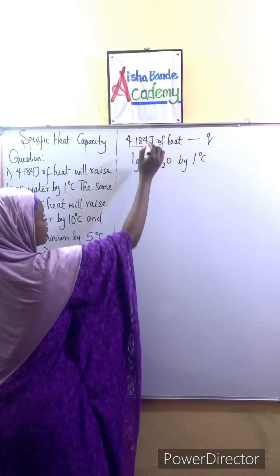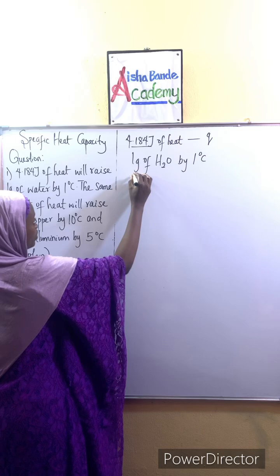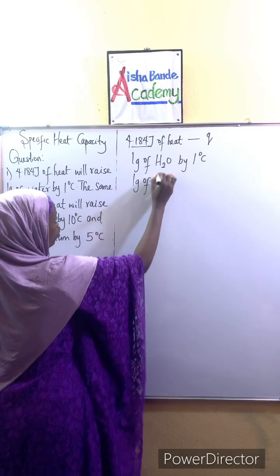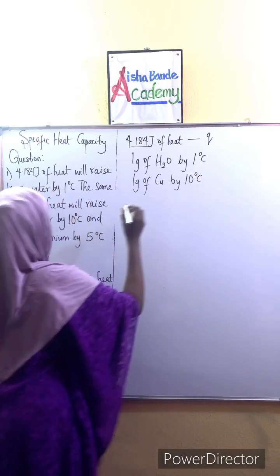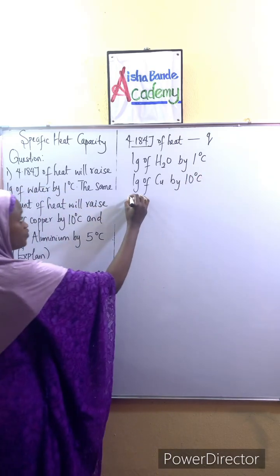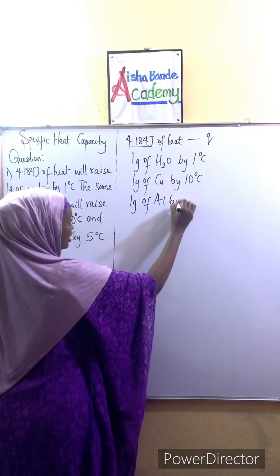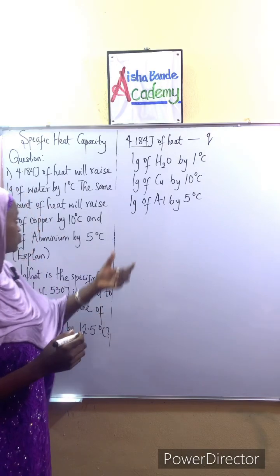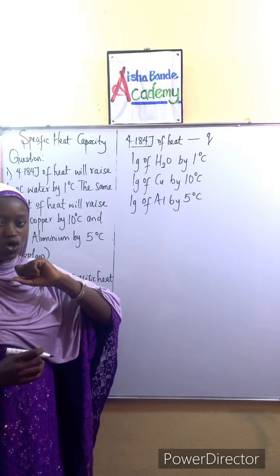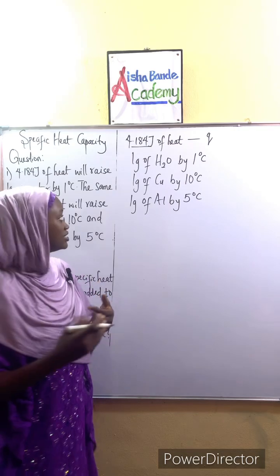And this same heat will raise 1 gram of copper by 10 degrees Celsius, and the same heat also raises 1 gram of aluminium by 5 degrees Celsius. So this is what we have from the parameters. All we need to do is to calculate their specific heat capacities.